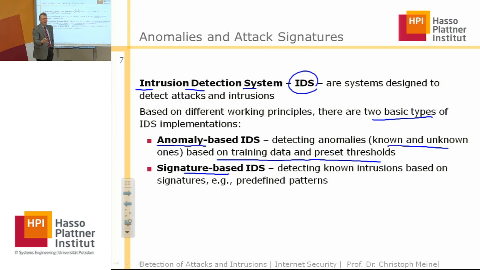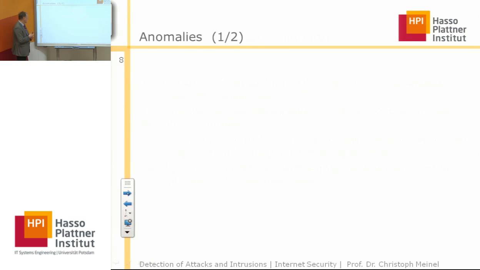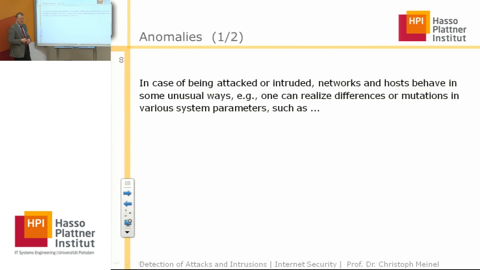So for all known attacks, this is a very efficient approach. But I have no chance, with such signature-based intrusion detection, to detect unknown attacks, because in the signature database there are no characteristics of the unknown attacks, because they are unknown.